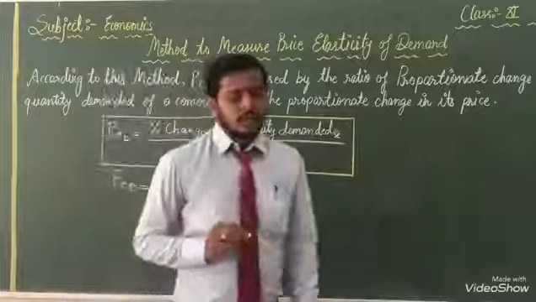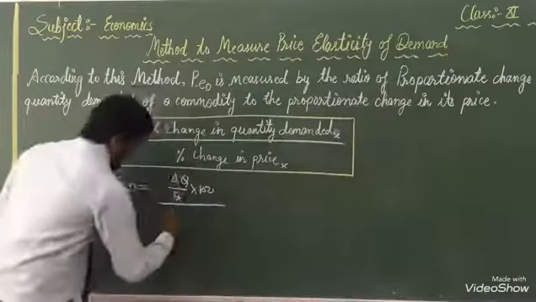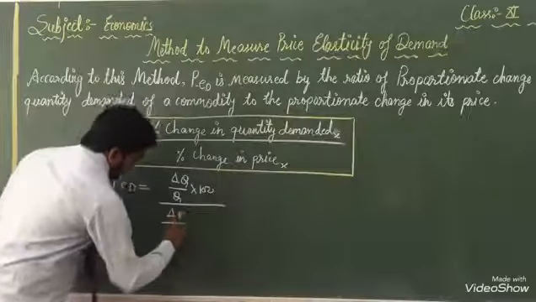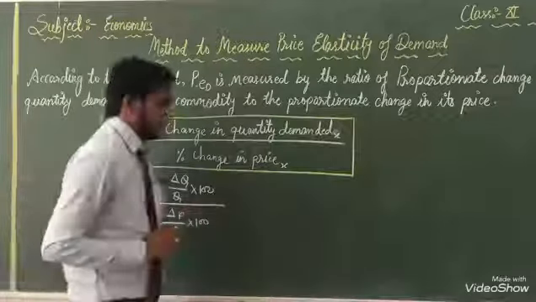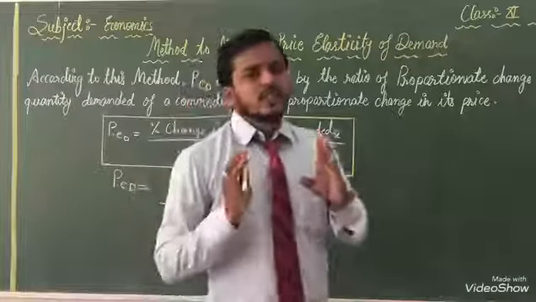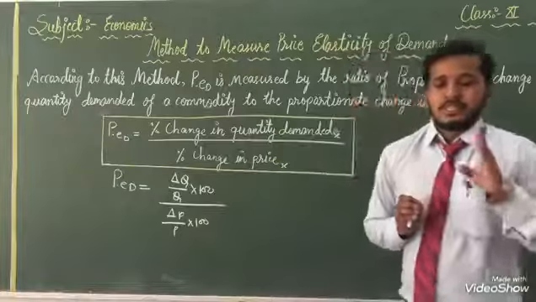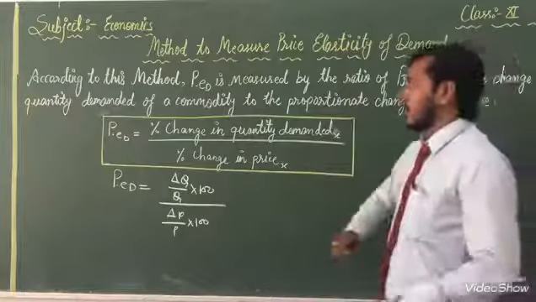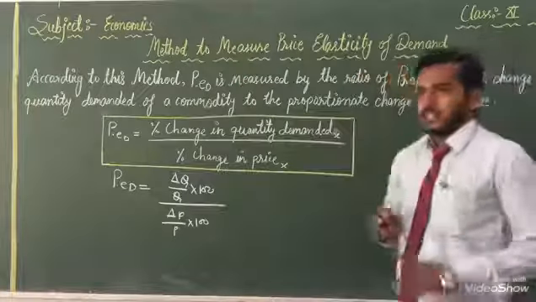Now we will read about price: del P by P into 100. According to that, we will solve this process and see what result comes, and we can measure price elasticity of demand.